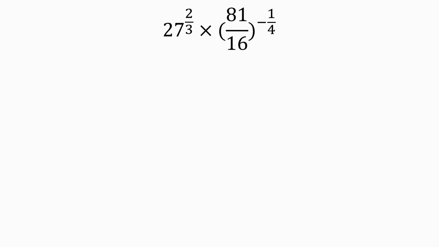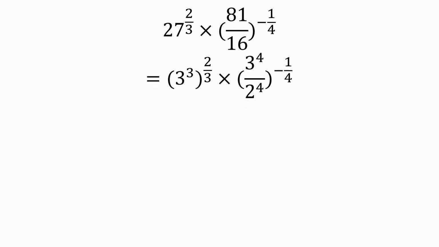So the first step is to factorize, and we know that 27 is 3 cubed, 81 is 3 raised to power 4 and 16 is 2 raised to power 4. So we shall have 3 cubed raised to 2 over 3 times (3 raised to 4 over 2 raised to 4) raised to negative a quarter.